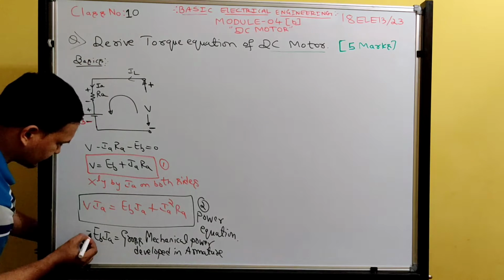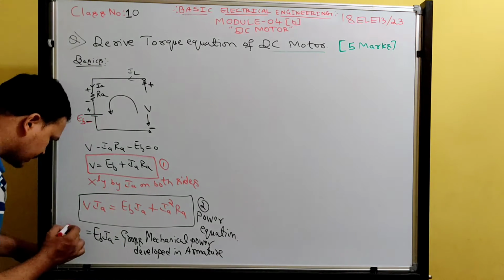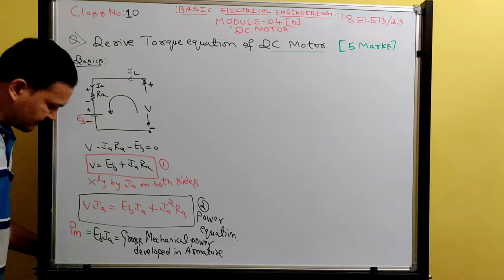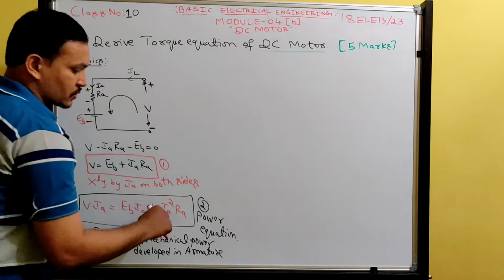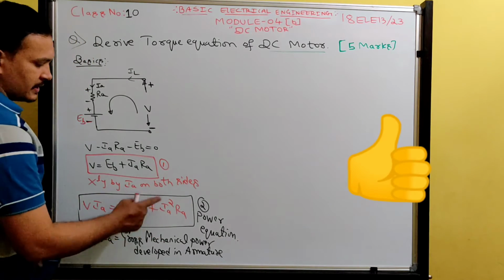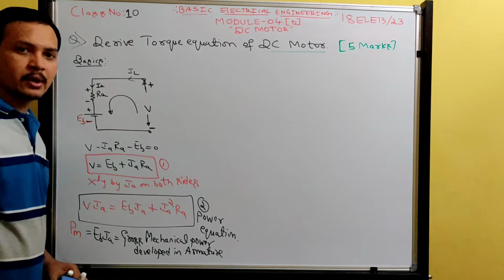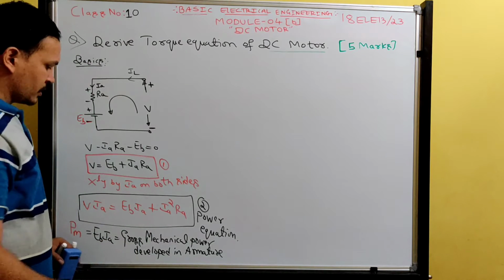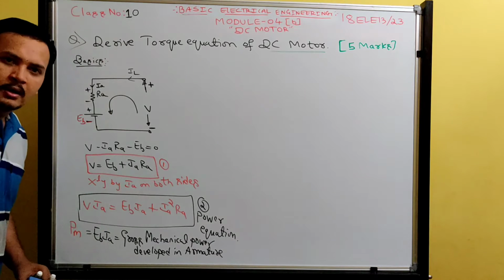The product EBIA I am considering as mechanical power developed, P suffix M, PM. Next, this IA square RA is nothing but armature copper loss in a machine. By adding these two powers, we get net electrical input.